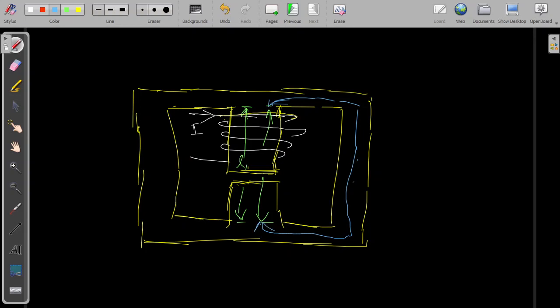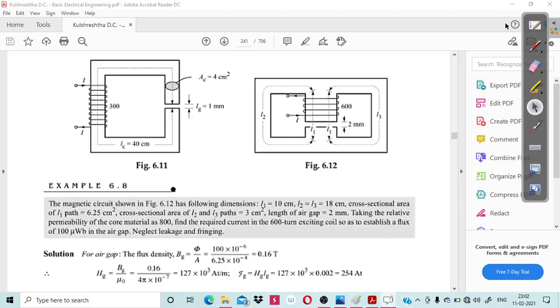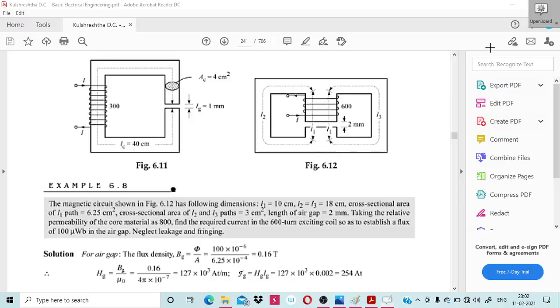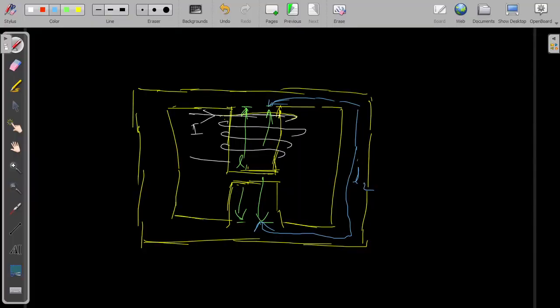This is L3, and L2 is up to this length; actually it is the mean length of the core.